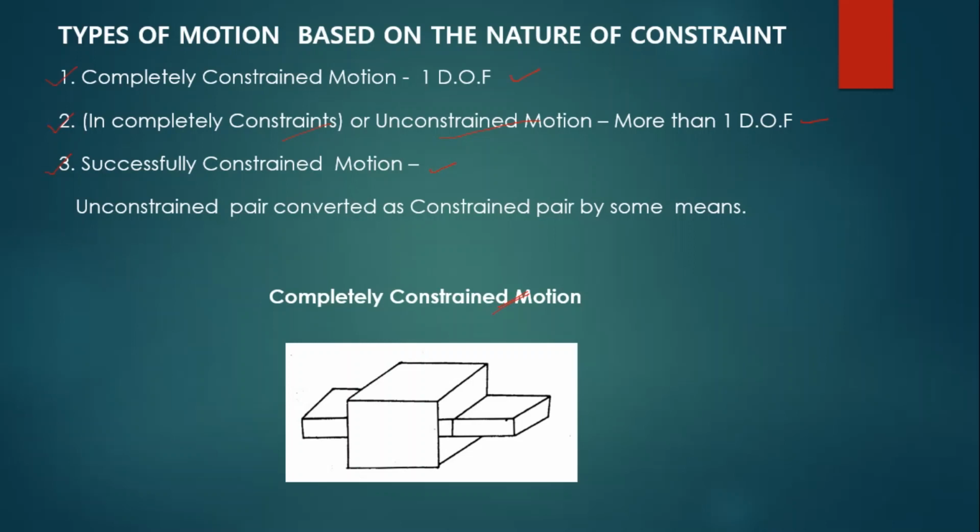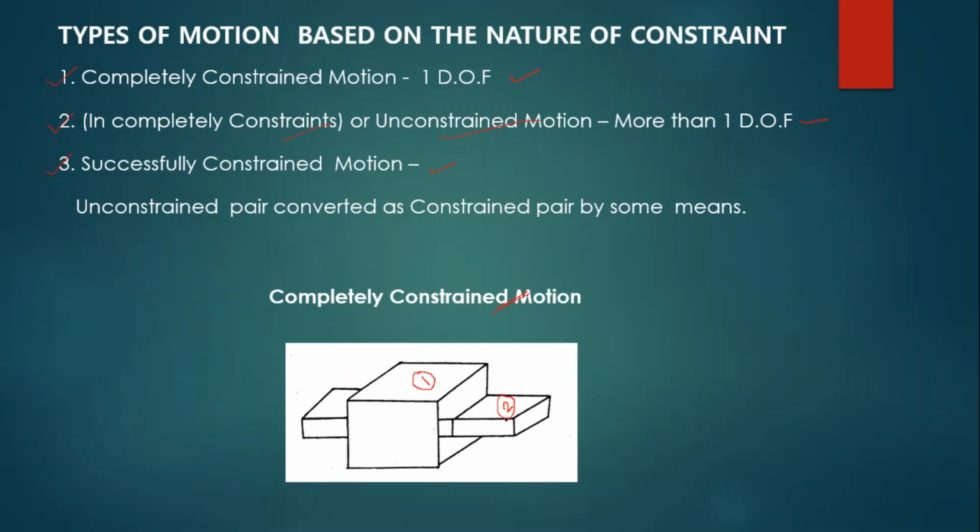When the relative motion between the two links is limited to a definite direction, then the motion is said to be a completely constrained motion. See in this picture, this is link 1 and this is link 2.